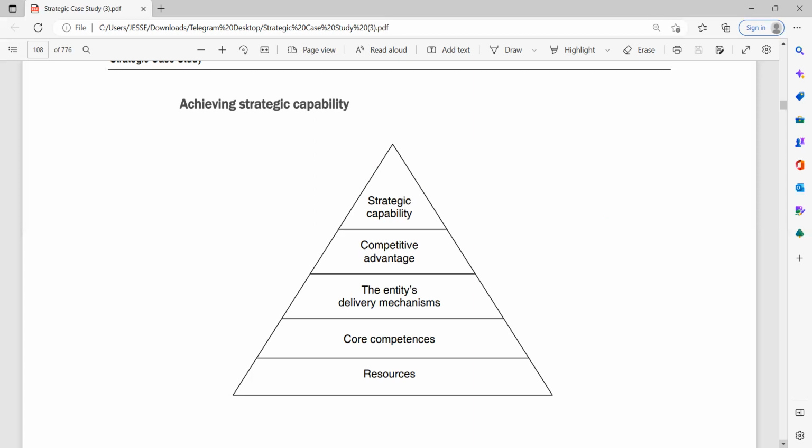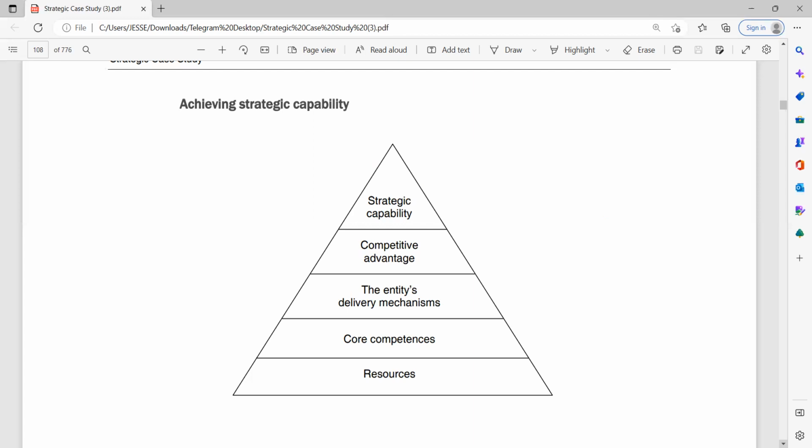So let's use an example, right? Let's say you have a resource. The resource is, let's say, human labor, right? Human labor is raw, right? Now, to develop the human labor into a core competency, you need to train that labor. You need to give that labor specialized training, right?